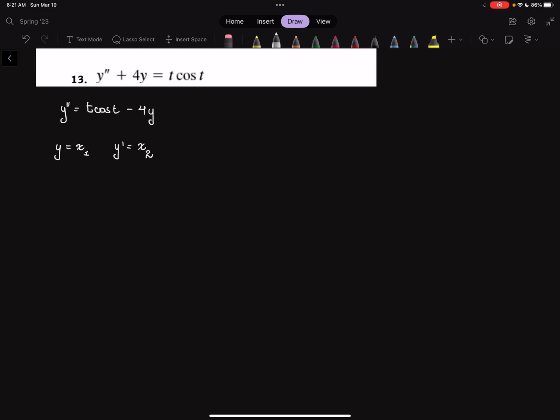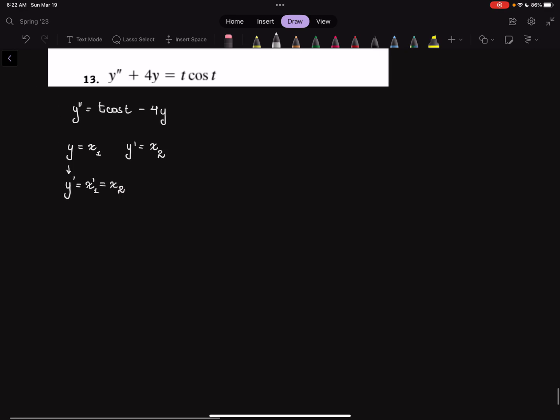Now let's do some derivatives. If I take this original y and take the derivative of it, that's going to be equal to the derivative of x1, which is going to be equal to x2. And if I take the derivative of this one right here, I'm going to get y double prime.